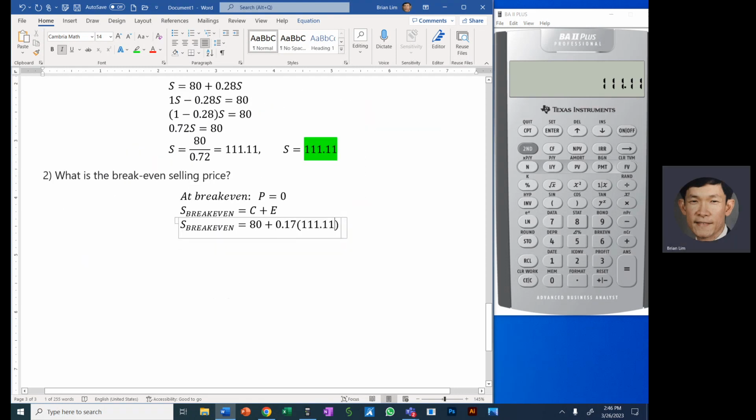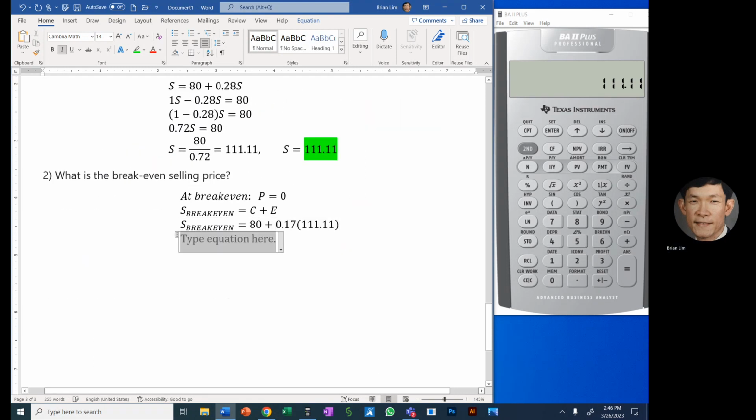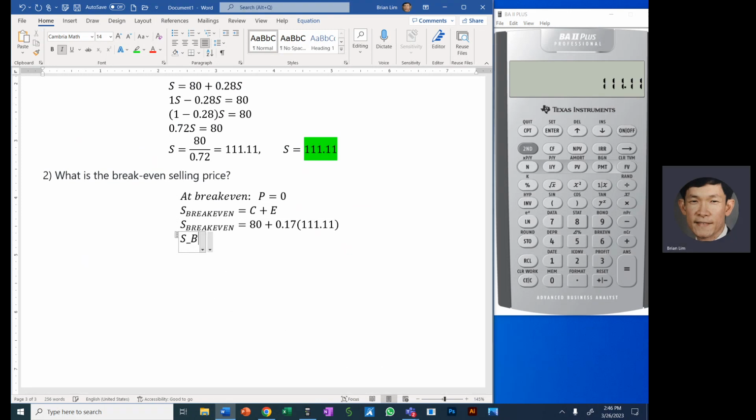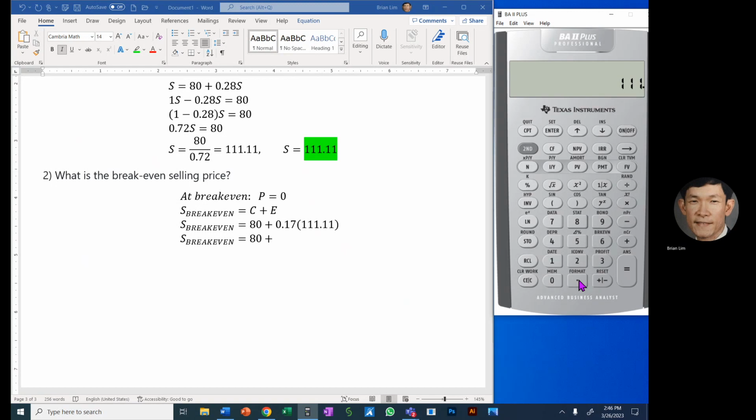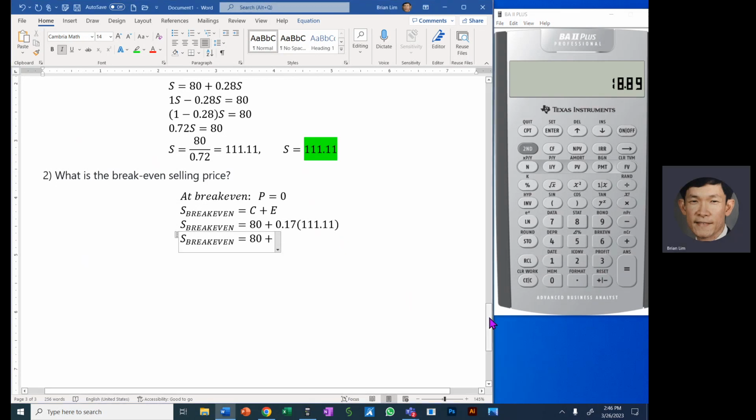Now, if we do this computation here, we will get that S at break even is equal to what? 80 plus, okay, we have the 111.11. So if we clear that out and we go 17% or 0.17, and we multiply by 111.11, that gives us 18.89.